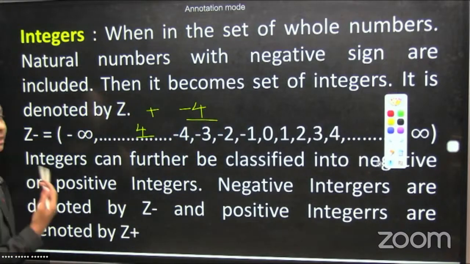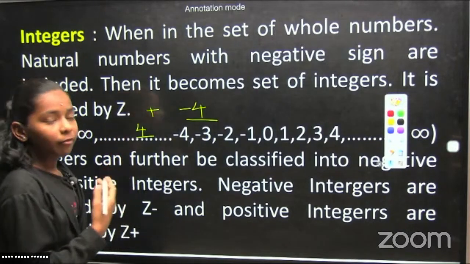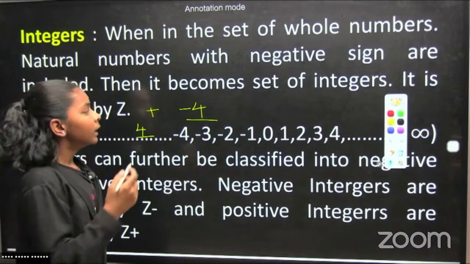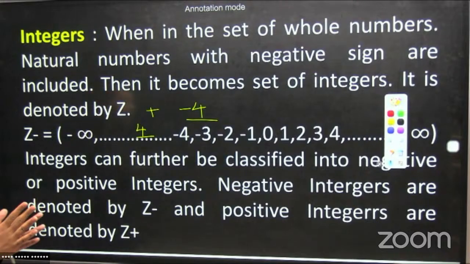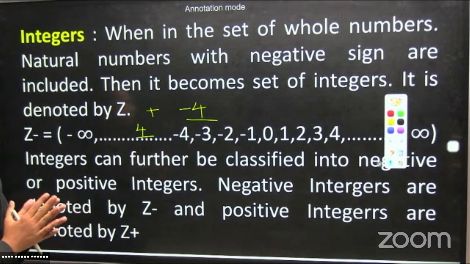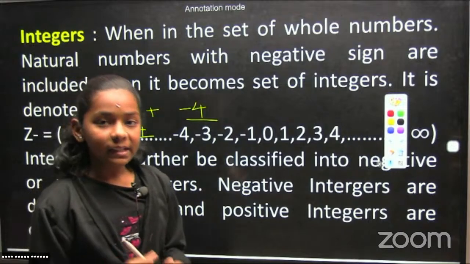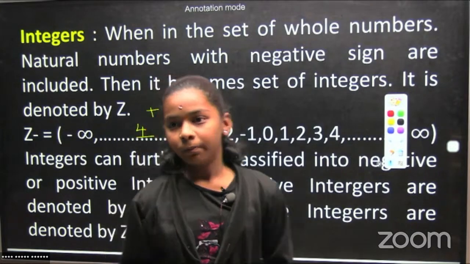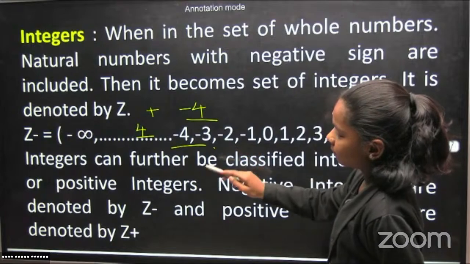So please understand that when the minus sign comes with 4 or a number, it becomes negative. So when the set of whole numbers and natural numbers comes with a minus sign, the number becomes an integer. Here the set is denoted by Z.